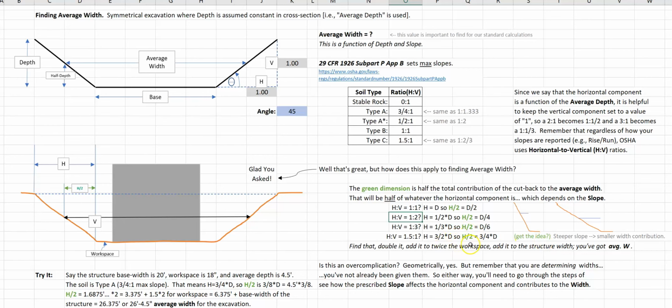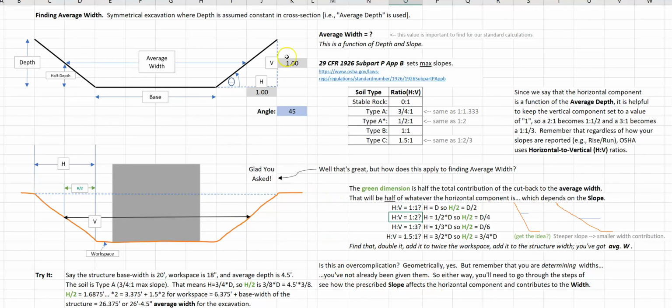And so h over 2 is going to be not 3/2, but 3/4 d, etc. So you find it, you double it, like I showed you, because you're adding on both sides. You add it to double the workspace here, whatever that value is, 1 foot, 2 foot, whatever it's going to be. And then you add in the structure width. Okay? And then you've got your average width. And then you're able to use that average width in your later trench calculations or excavation calculations.